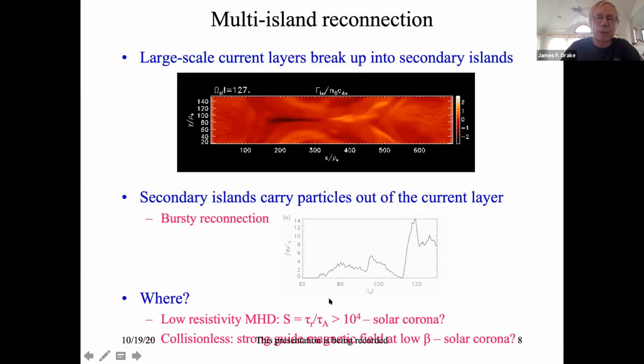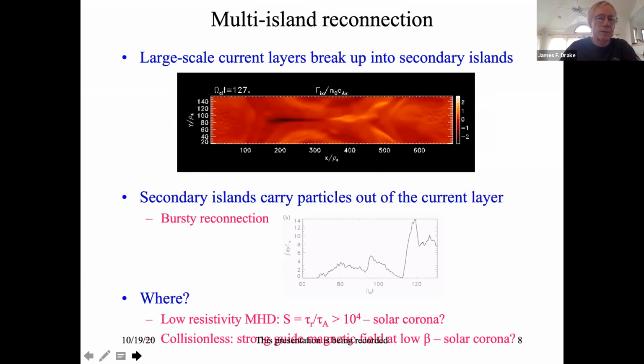In other words, the Sweet-Parker model completely breaks down if you have a very low resistivity. And this type of behavior also exists in the kinetic description if you have a strong out-of-plane magnetic field, the so-called guide field, and you're at low beta. So you can get pretty fast reconnection with this multi-island type system.